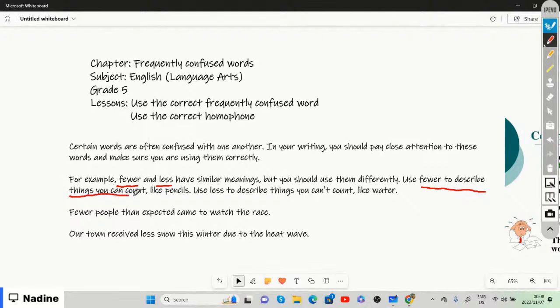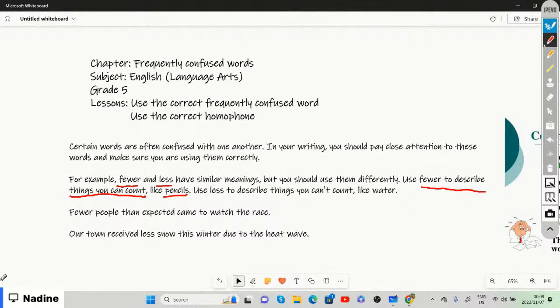For example, pencils. So there are fewer pencils, fewer books. So that is how we use the word fewer.